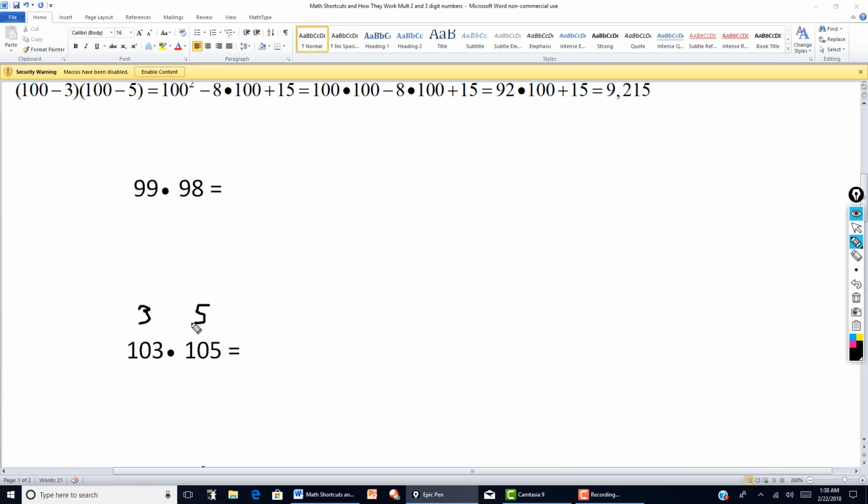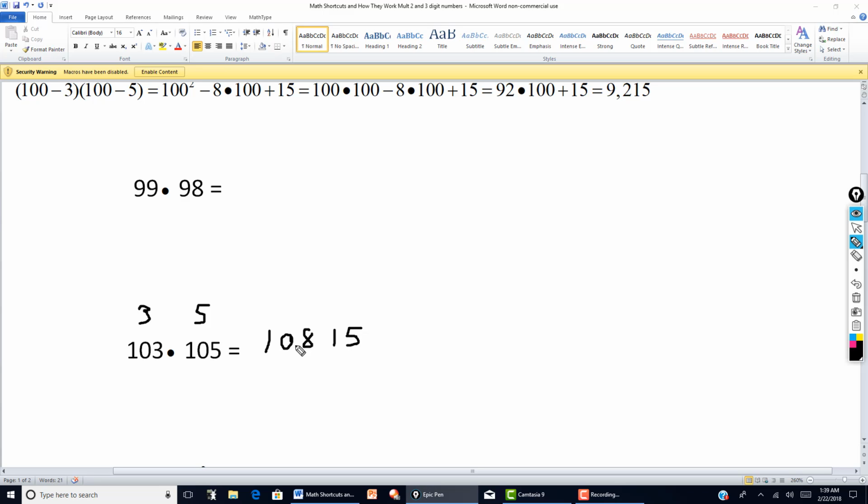In this case, what you're going to do is add the two numbers again, but you're going to add it to 100. So this is going to be 108. 3 and 5 is 8, and you added 100, so it's 108, and then you multiply the 3 and the 5 out, you get 15.